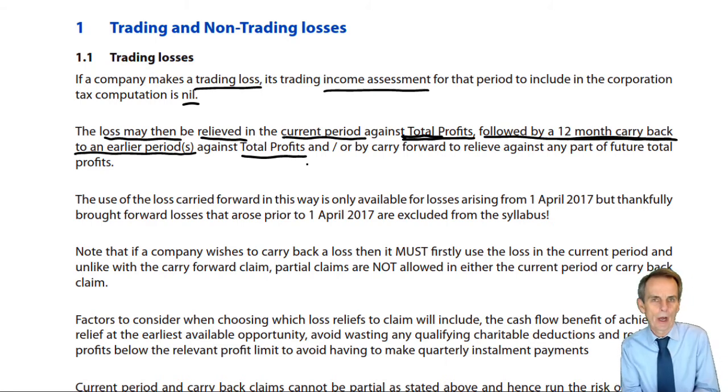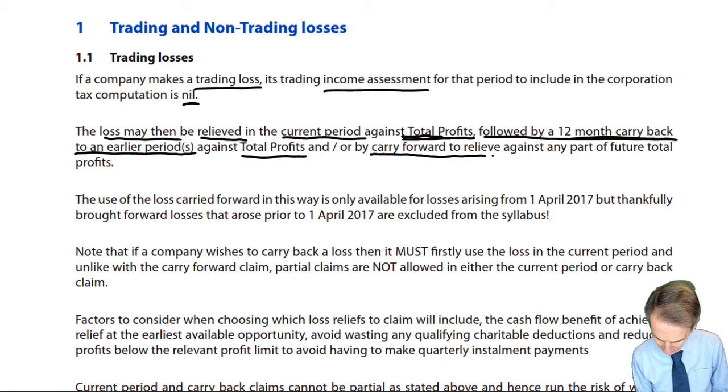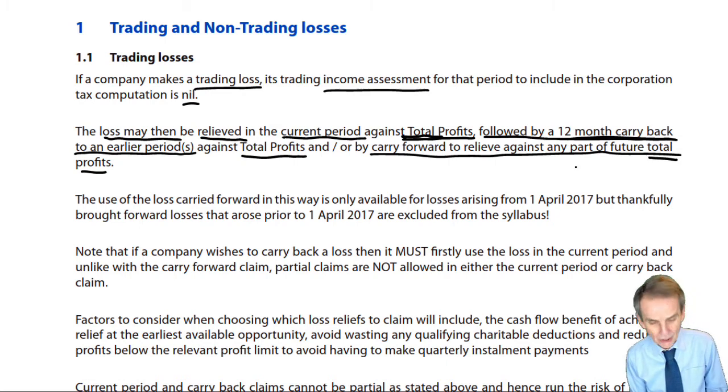There's only one direction in which the loss can then go, and that's a carry forward. And when we go forward, the carry forward to relieve against, notice here it is again total profits, but this time a very important statement made: any part of those future total profits.